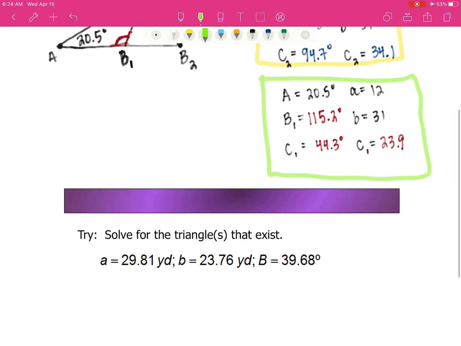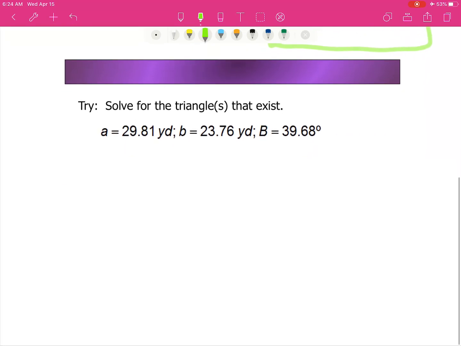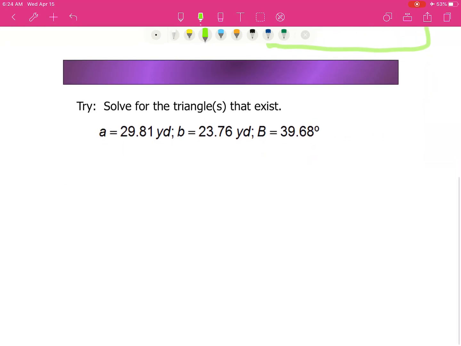Here's another try, this one with some bigger decimals. So those of you that are getting really good with your calculator, you're going to hit pause, you're going to try this one, and I'm going to write down the answers. So one triangle is 53.23 degrees approximately.